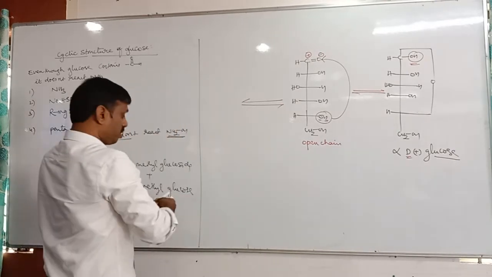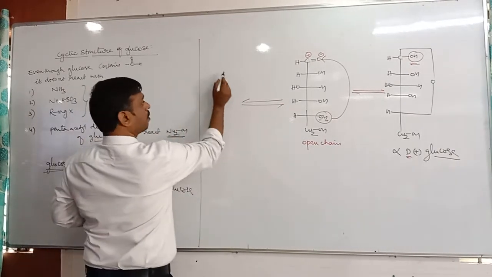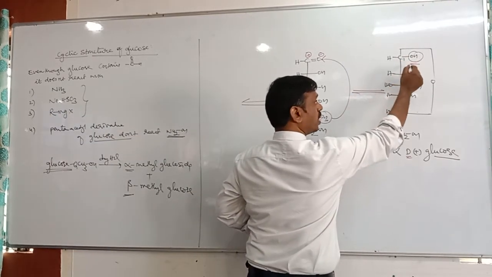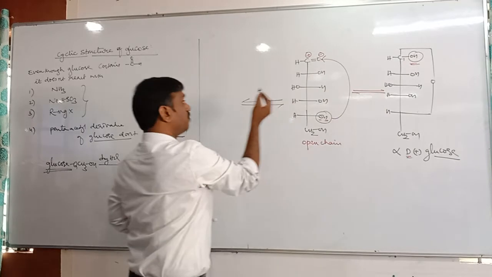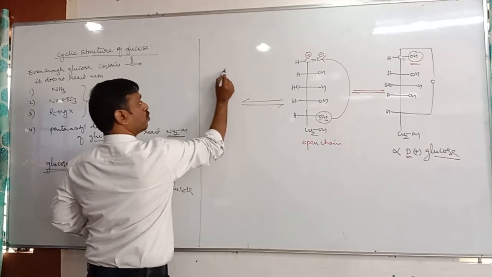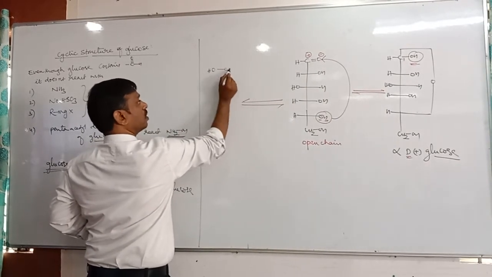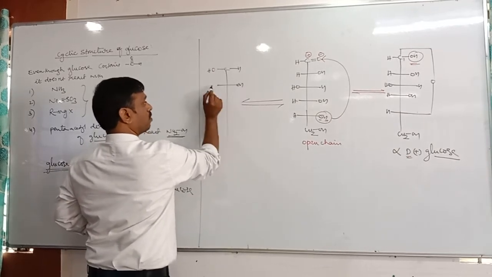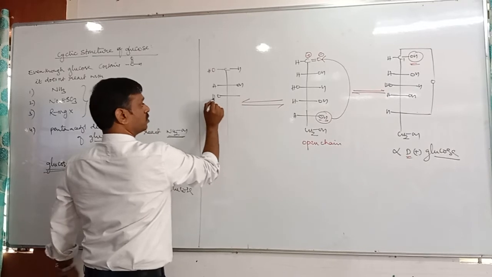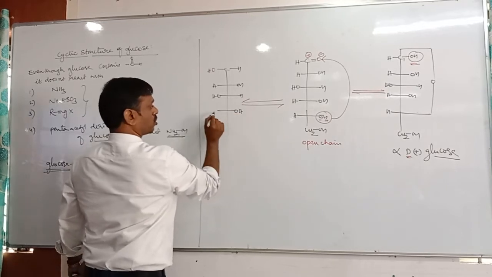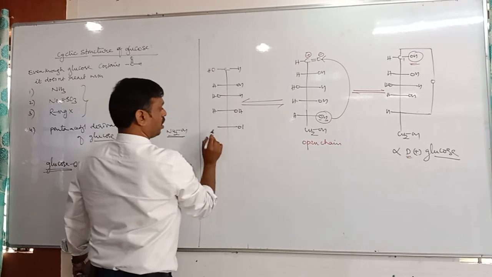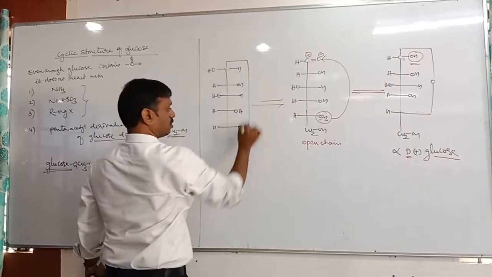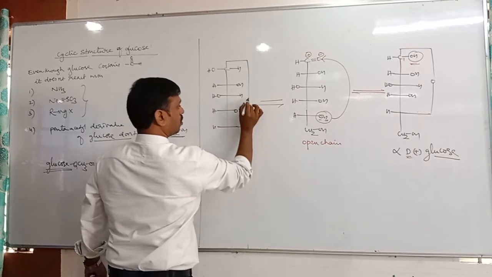Next, it also forms beta. Tell me, in the beta configuration, everything is the same, but the first carbon is there, no? The first carbon OH, which was on the right side, becomes left side. If the first carbon OH is on the left side, other things are the same: second carbon, third carbon, fourth carbon, fifth carbon will be bonded.